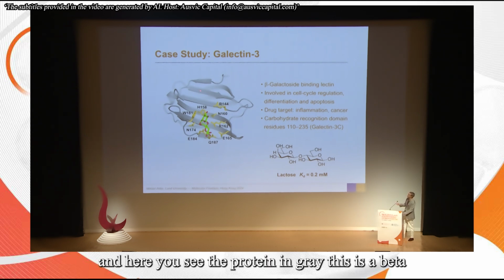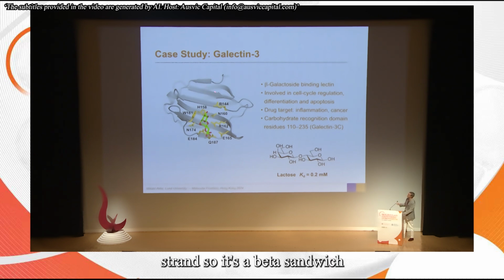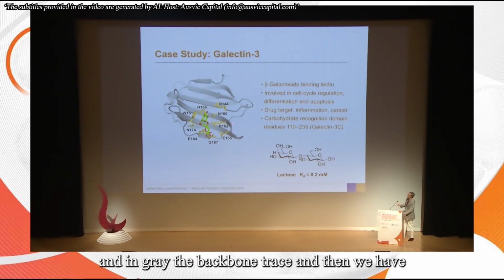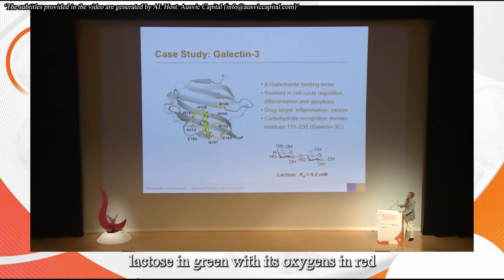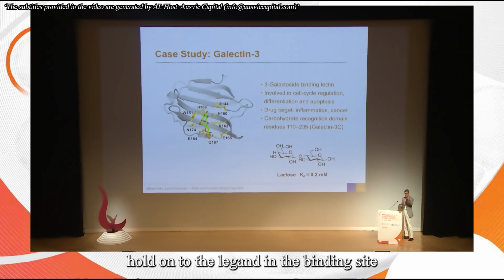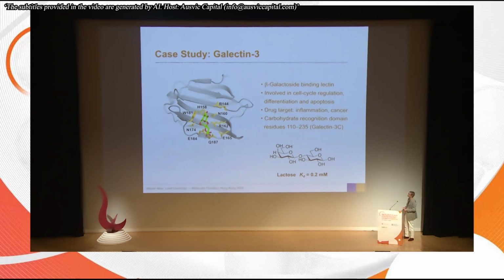And here you see the protein in gray. This is a beta sandwich, and in gray the backbone trace, and then we have lactose in green with its oxygens in red, and then in yellow the side chains of residues that coordinate, that kind of hold on to the ligand in the binding site.